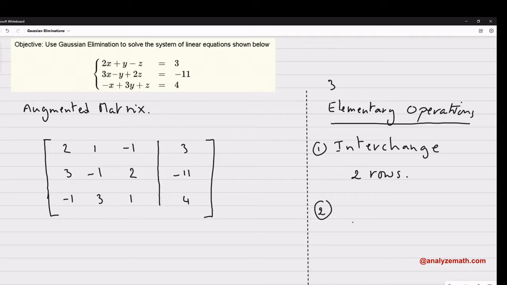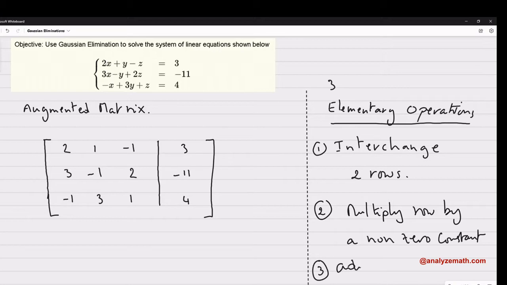The second elementary operation is that we can multiply all terms in a row, all the numbers in a row, by a non-zero constant. The third operation is you can add or subtract rows.